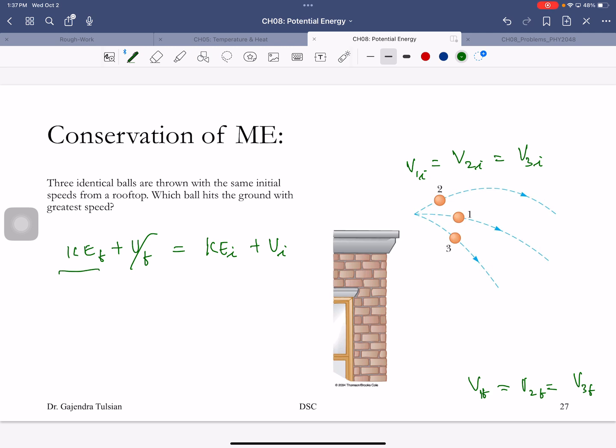They'll have the same speed when they hit the ground. What will be different? The paths are different, so the time of flight will be different. This ball will hit first, second, third, and so on.